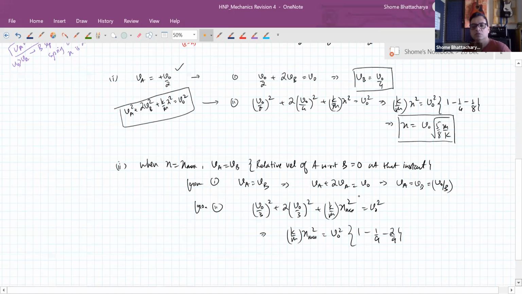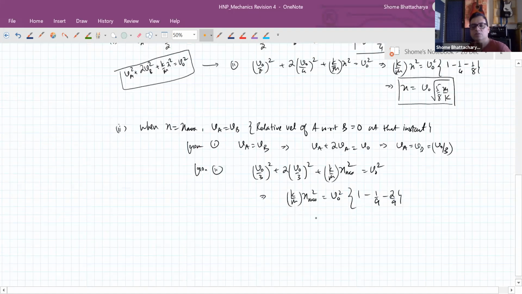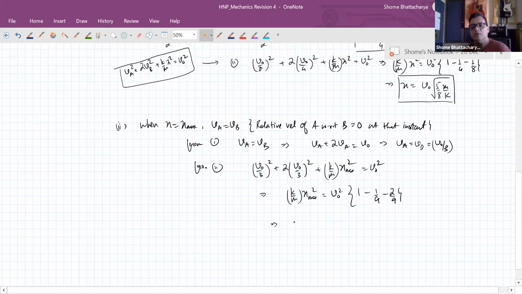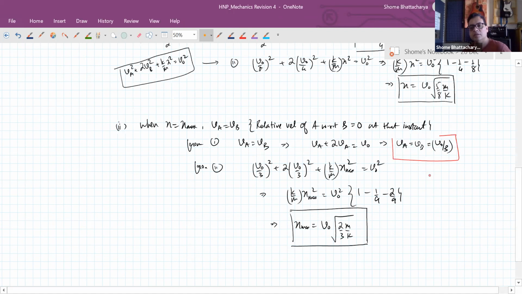So that will become 1 minus 3 by 9, or 2 by 3. So X maximum will become V naught into square root of 2 by 3 M by K in this particular case. This will be at the instant when VA is equal to VB is equal to V naught by 3.